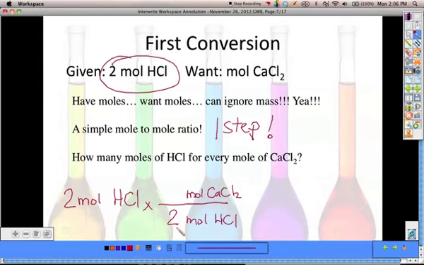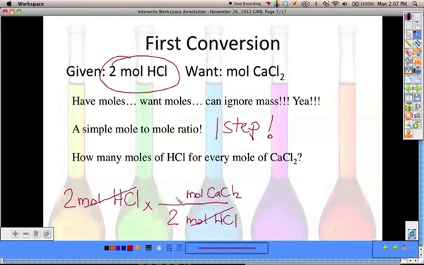Why? The moles of HCl will cancel out. Yes. Where did you get that 2 from? Yeah, it's from the balanced equation, exactly what I was looking for. So that 2 comes from the balanced equation.